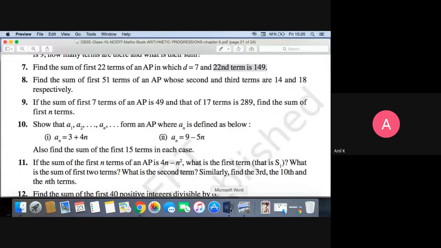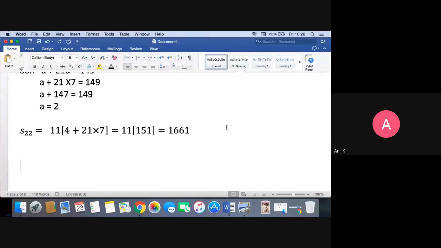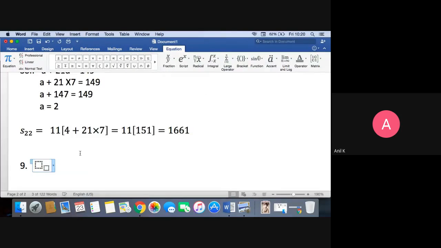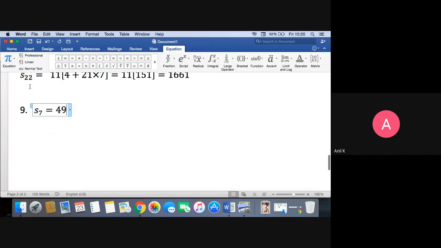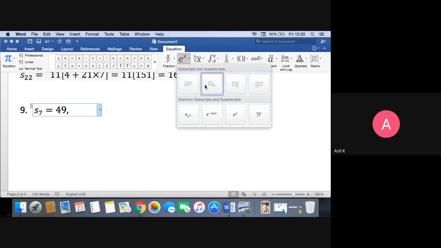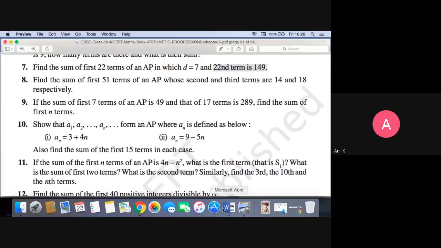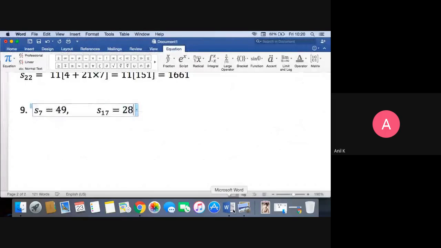So let me take it here. This is question number 9. Let me write the equations. Sum of 7 terms, that is S7, equals 49. Next, the sum of 17 terms is given, S17 equals 289.